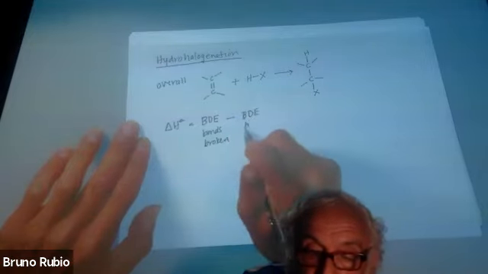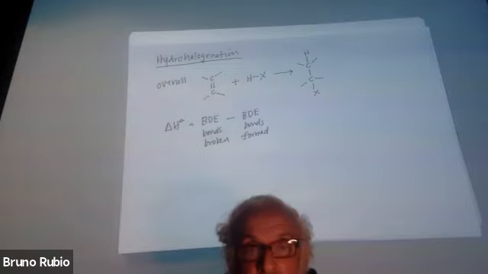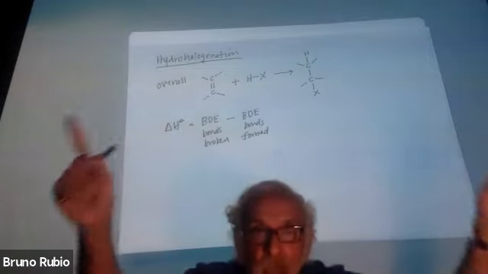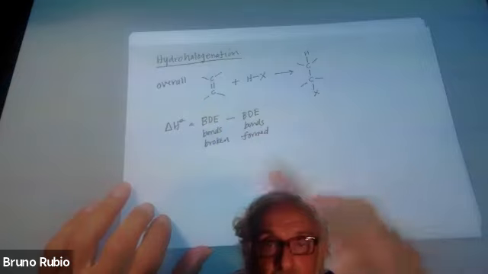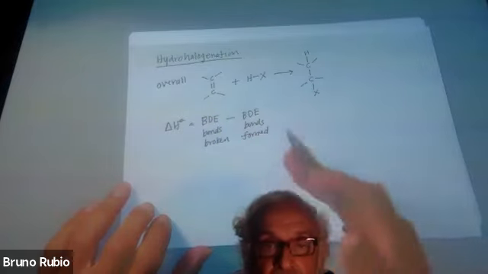Now, when we talked about bond dissociation energies in the context of radicals, I said that these bond dissociation energies are measured for the homolytic bond breaking, the radicals. We're not talking about radicals anymore. Why does this equation work now for a reaction that's not a radical reaction? Why are we using numbers that pertain to radicals?